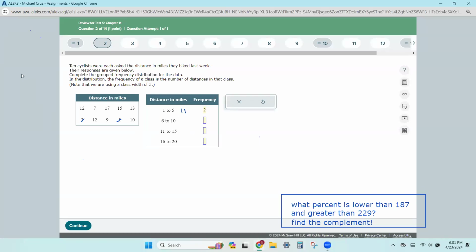6 to 10. So there's one. So there's 3 of them. So that's going to be 3. 11 to 15. So 1, 2, 3. Four.